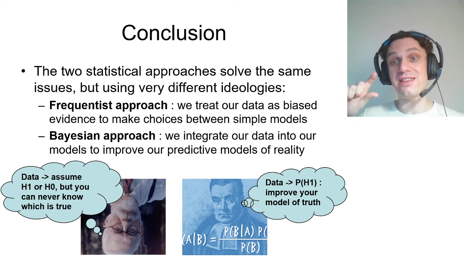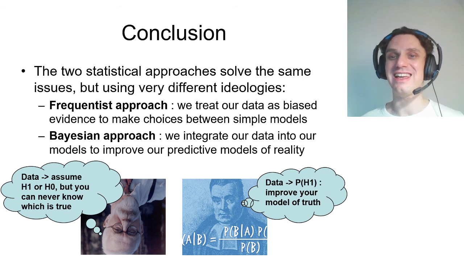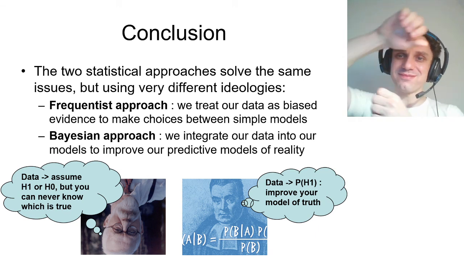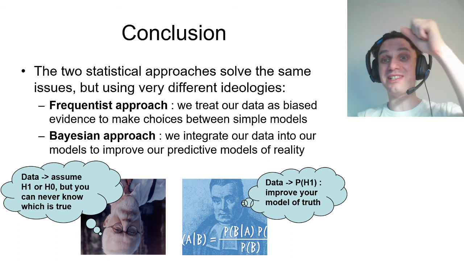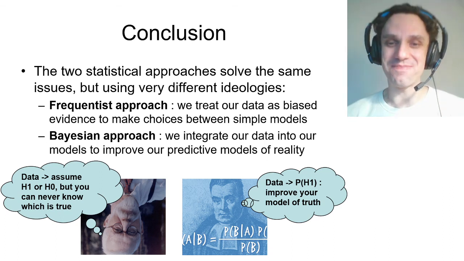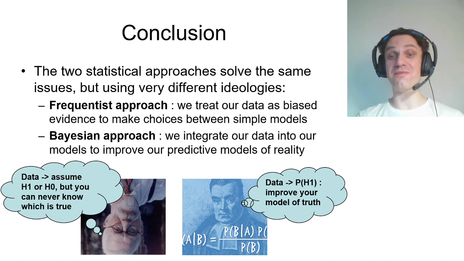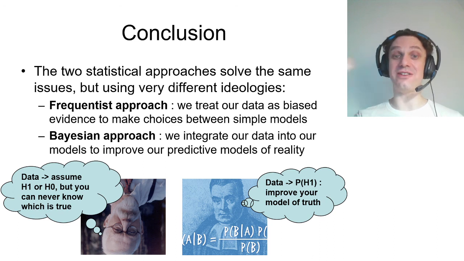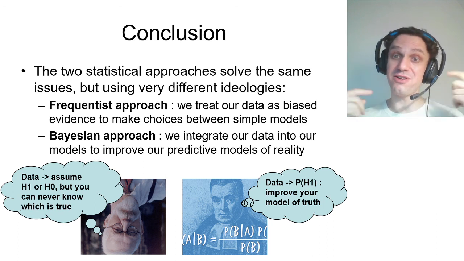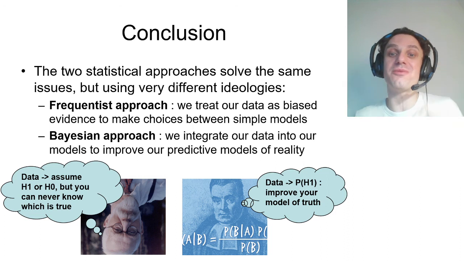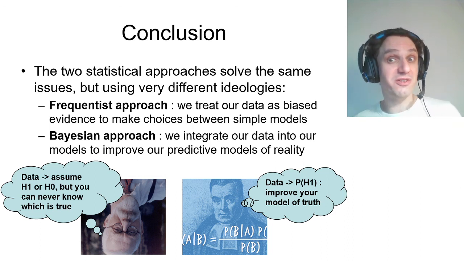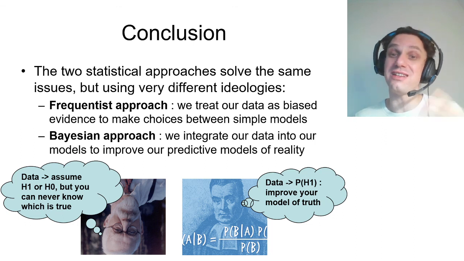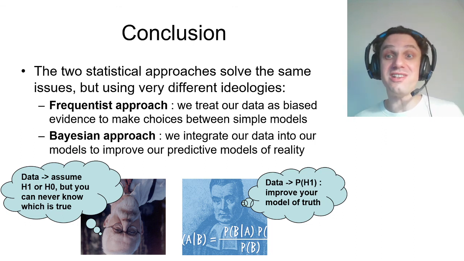However, you can evaluate the probability of your assumptions. In Bayesian approach, it's like a frequentist approach upside down. You use your data to inform your model. You integrate your data into your model to improve your vision of reality, to make it more precise, to make your prediction better. So people who use Bayesian statistics a lot, they argue that Bayesian approach is more intuitive to a human mind.